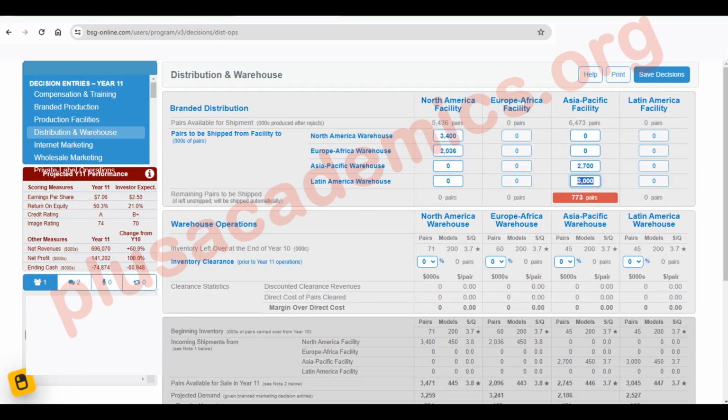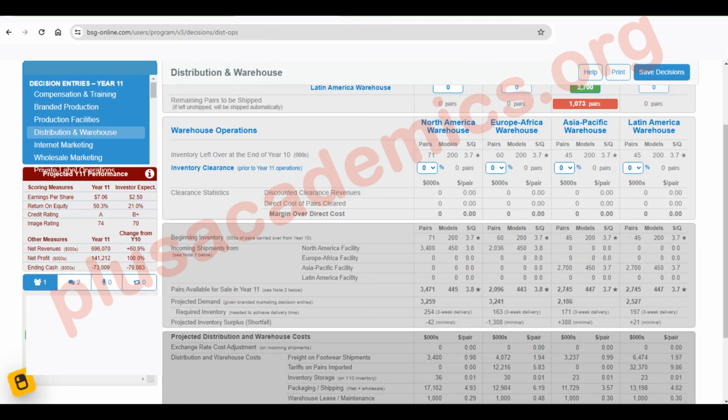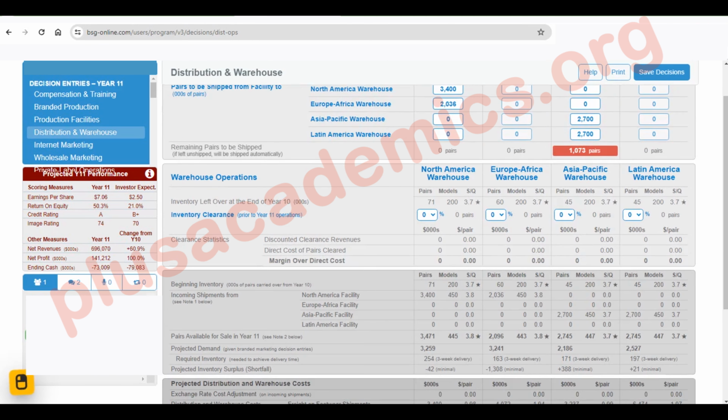And from Asia Pacific facility to Latin America warehouse, we're going to change. So let us reduce to 2,700.